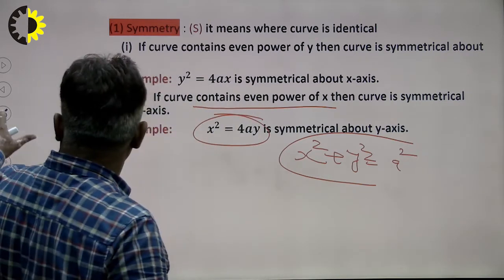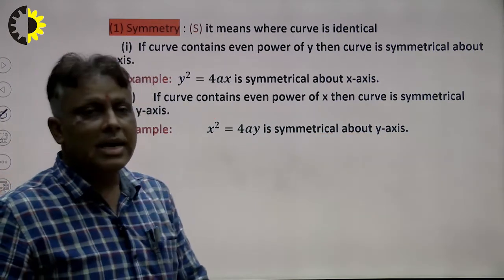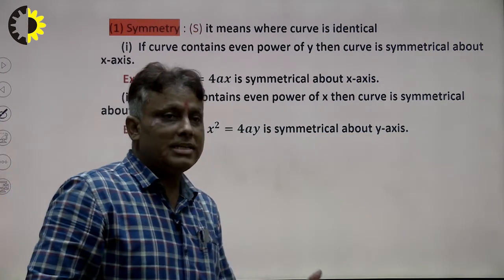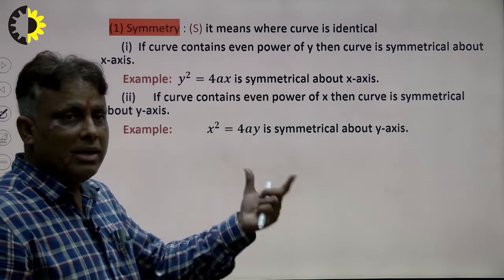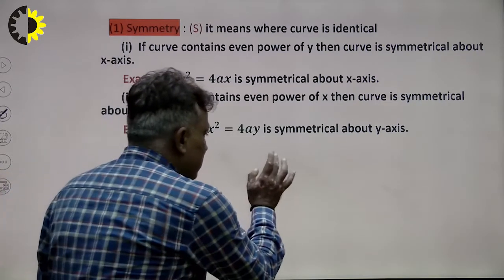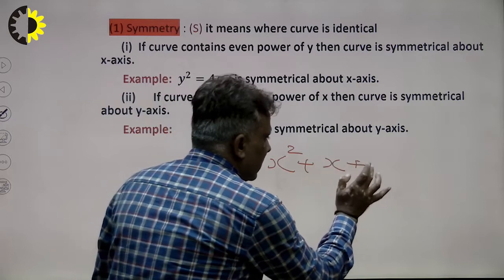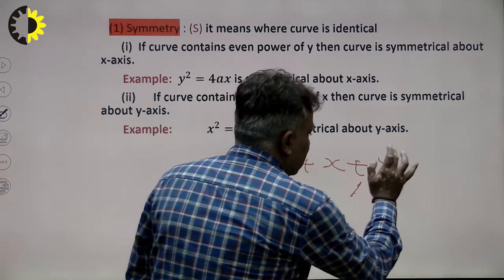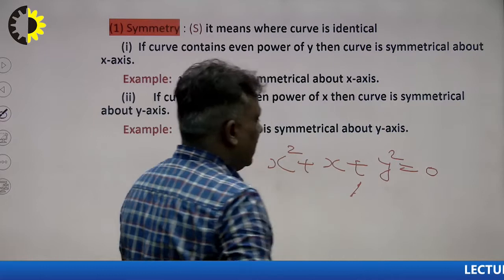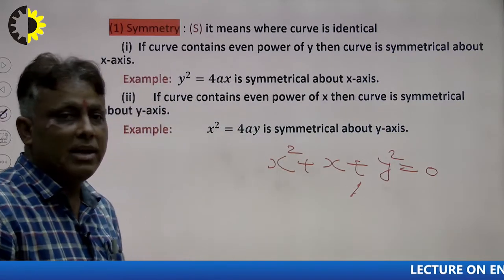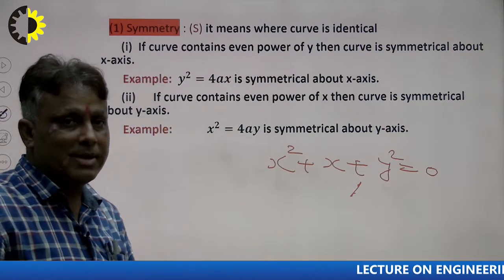So students, recall, there may be one symmetry and may be a second. Suppose I write here x square plus x plus y square, right? The question is, what will be the even power of y here or x here? So what will be the symmetry here?